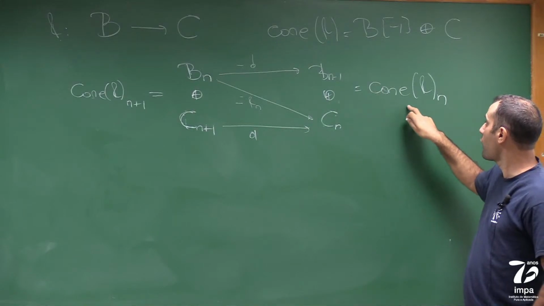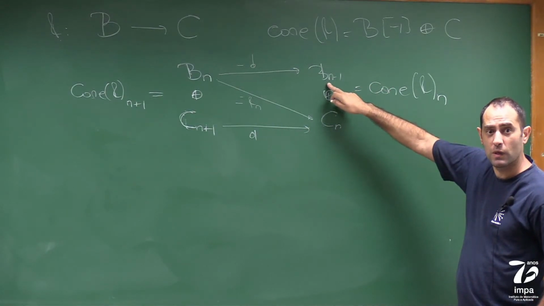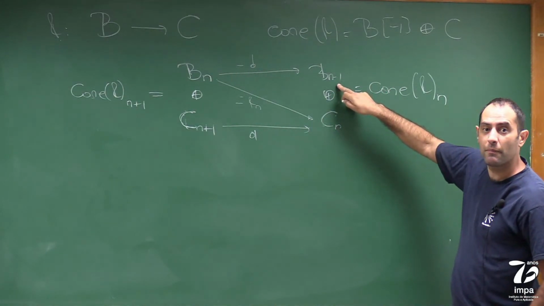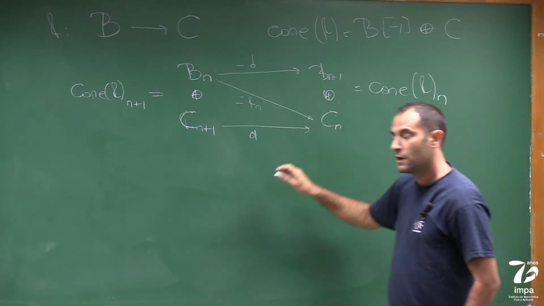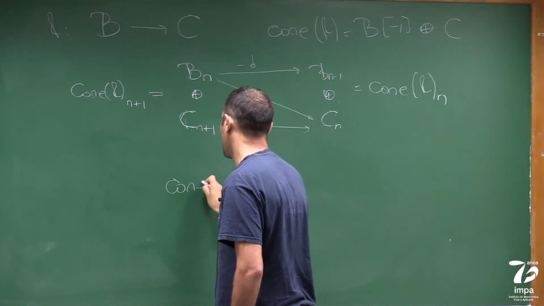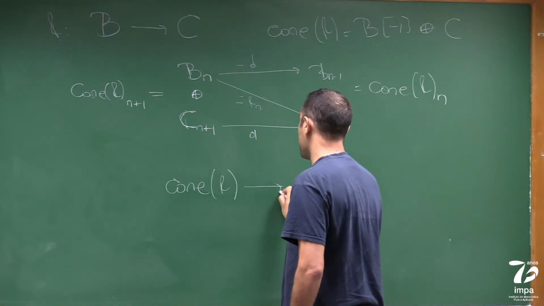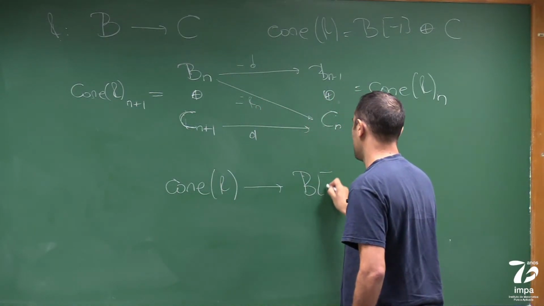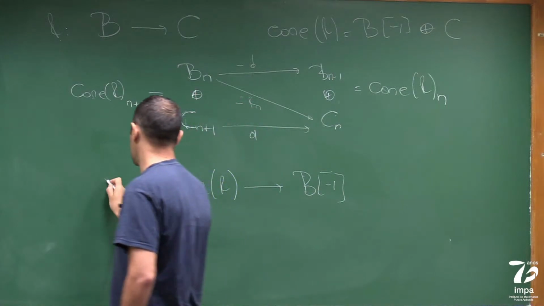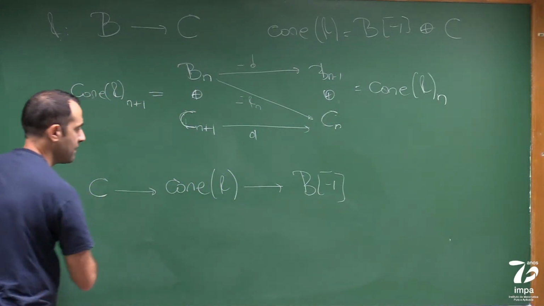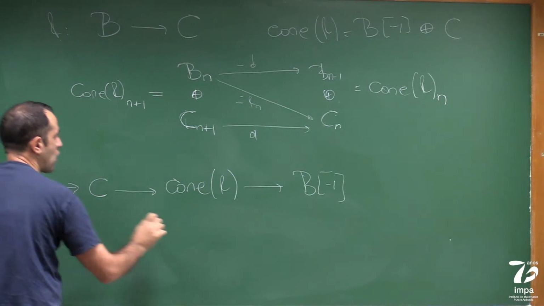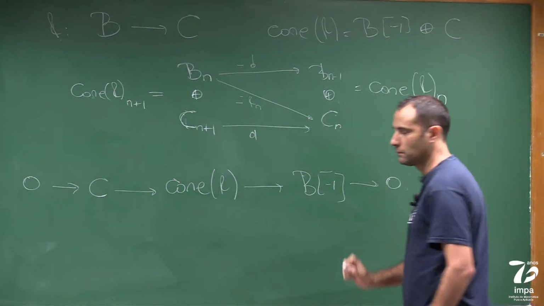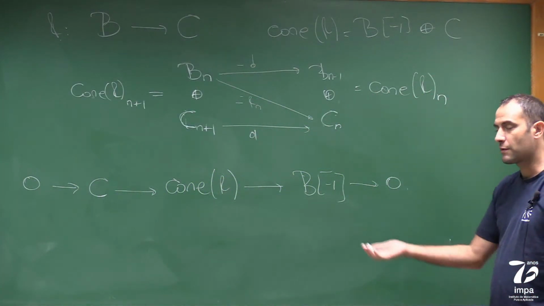And the map from the cone of F to B shifted by -1, that is the projection to B n minus 1, is also a map of complexes. So we had a map from C to the cone of F and from the cone of F to B shifted by -1. And this was a short exact sequence of complexes. This is something we had.